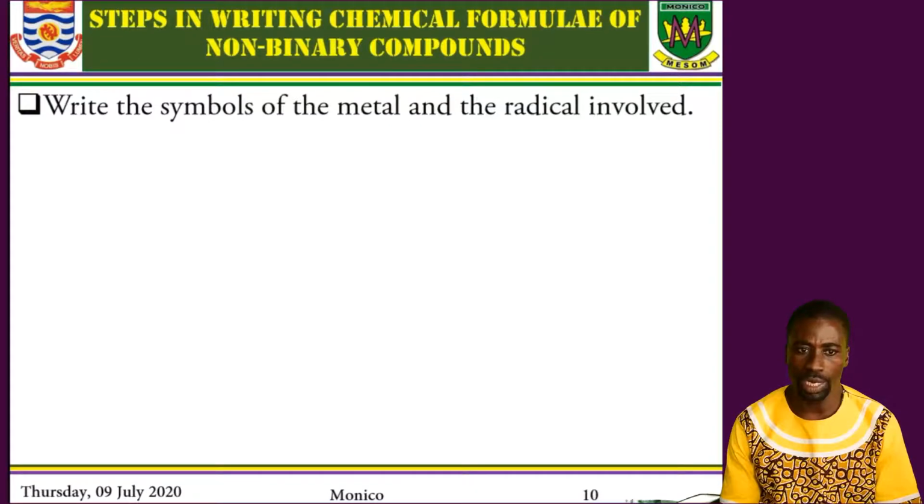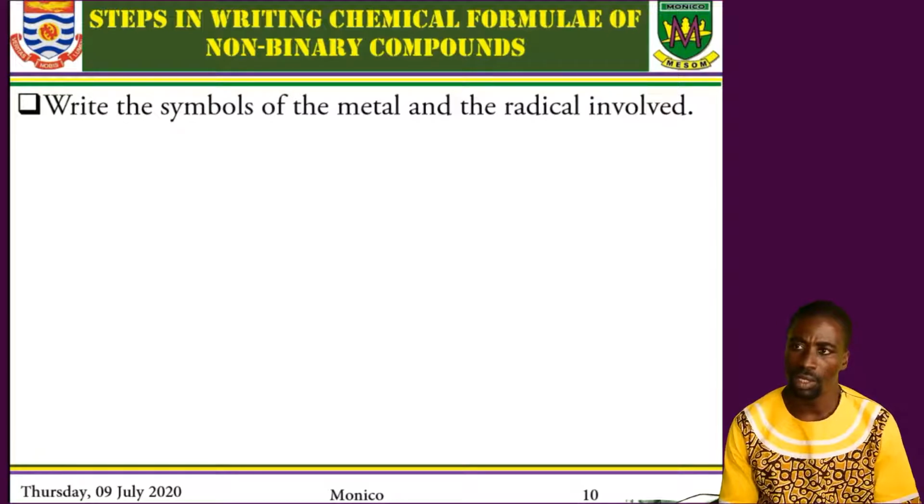We have what we call radicals, which are anions consisting of two or more atoms. For instance, SO4 2- is a radical. A group of atoms that carries a charge is known as a radical.